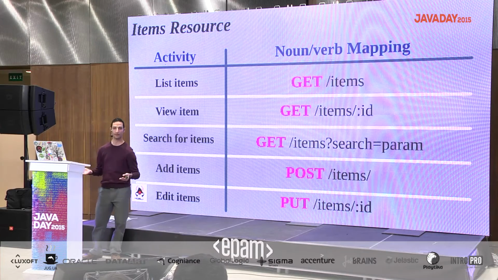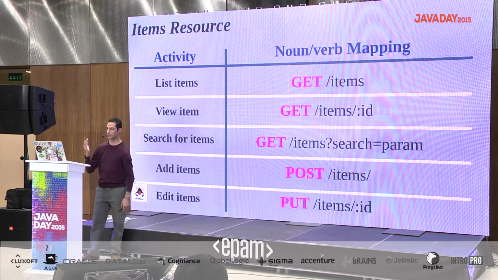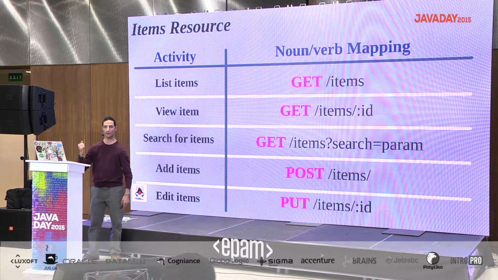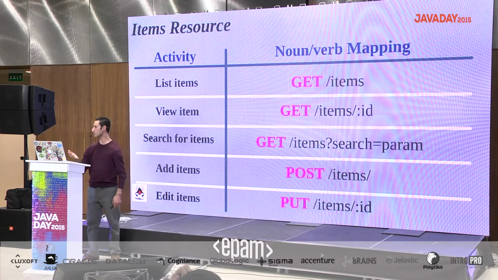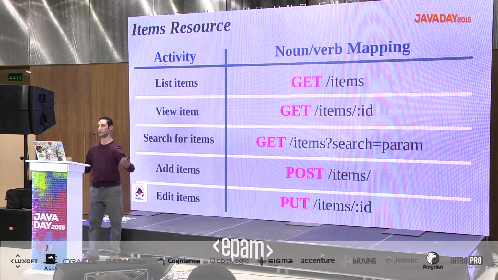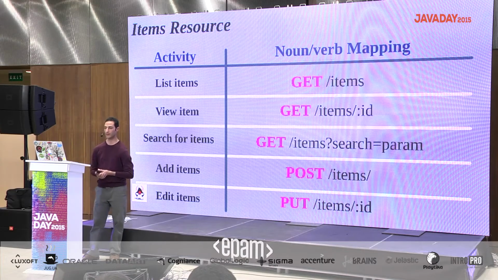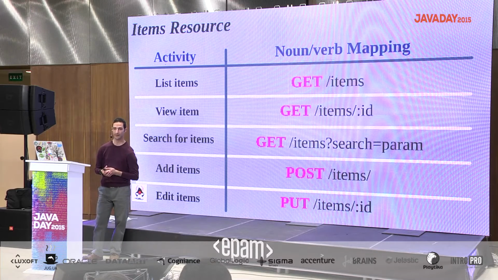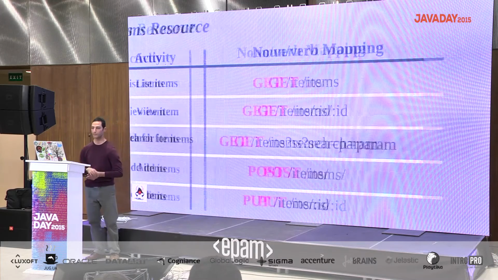If you need to delete, use DELETE. So we used GET for getting items or searching items, POST for add, PUT for edit, and DELETE for deletion. This is all the CRUD operations you need to know about. This is a simple draft of your URL before writing a single line of code and trying to create your REST resources, whatever the language is.